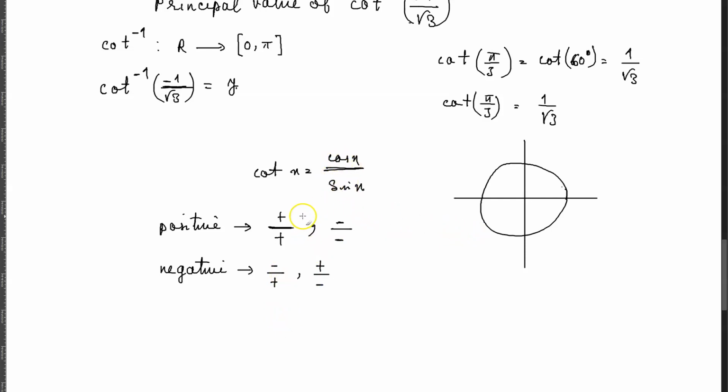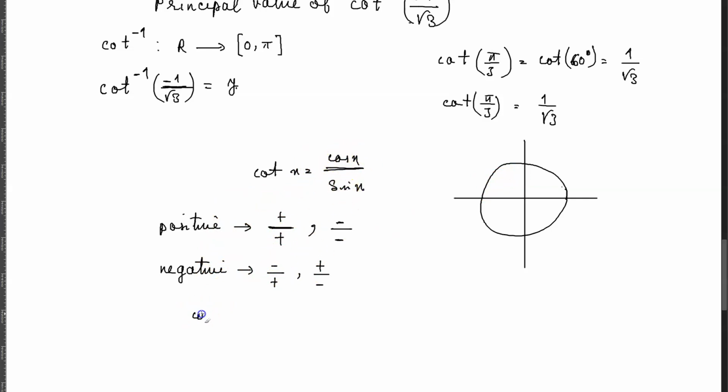Which means that, since I'm looking for some trigonometric ratio which is a negative value, I have to go into some quadrant in which either, so basically we said that the cot function is cos by sine.